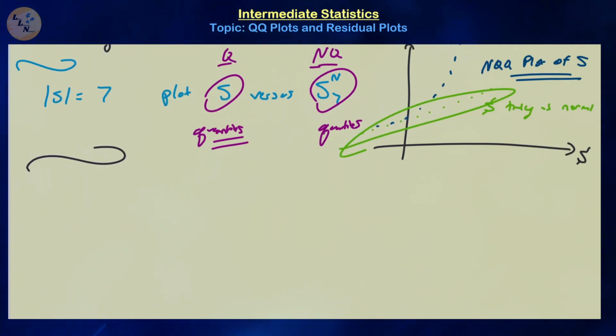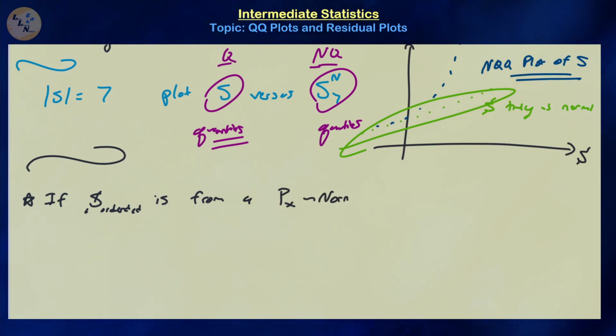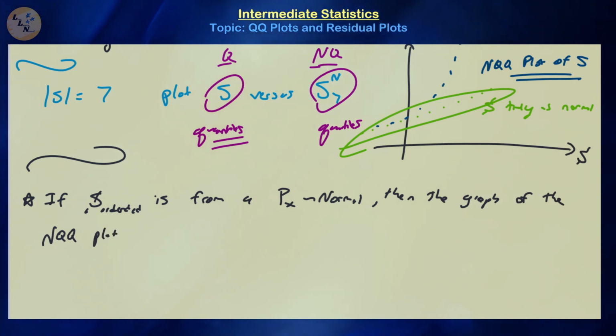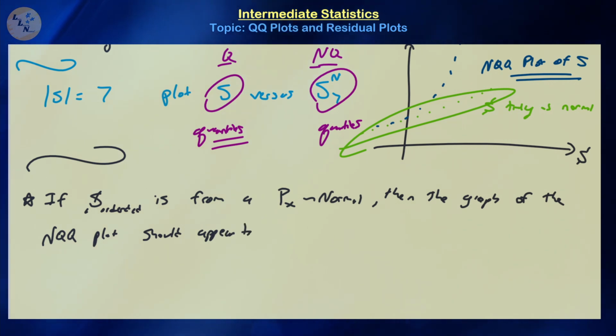So let's formally write that down. If the ordered data set is from a normally distributed population, then the graph of the NQQ plot should appear to be linear.